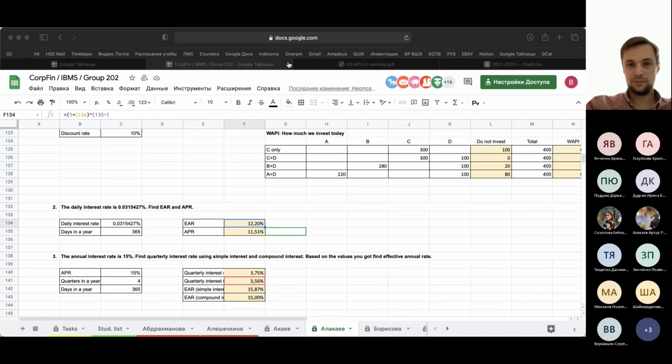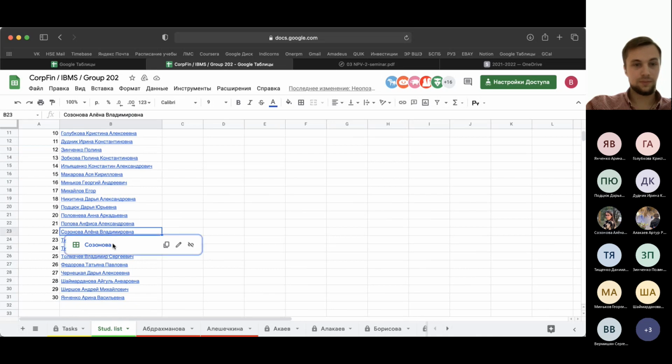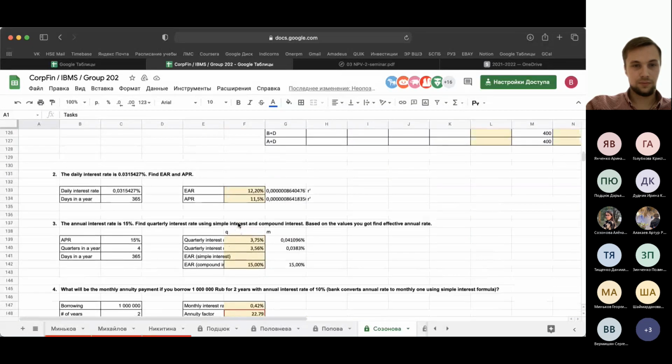May I explain? Yes, Alena. So for this, we're using the simple interest. We just need to multiply our daily interest rate by the number of days, the number of periods. How can you use this information about such a rate? How are they different?